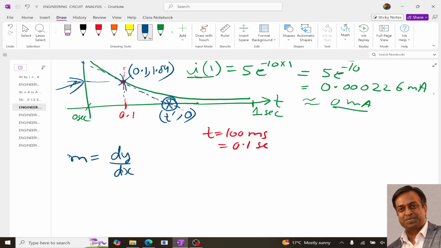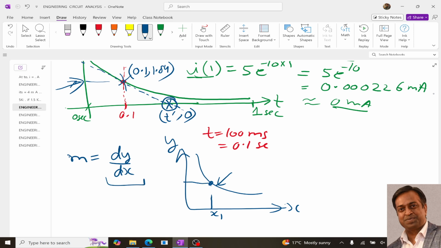We just need to take the differentiation of the curve on the y-axis and x-axis, and then after taking the differentiation, we need to substitute the value of x1 in the differentiation, and we will be able to get the y, right?